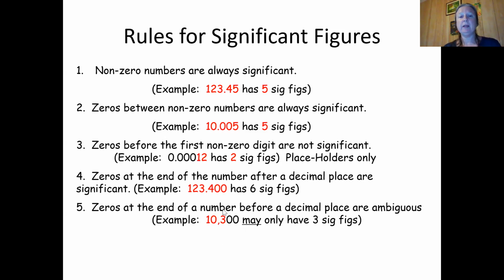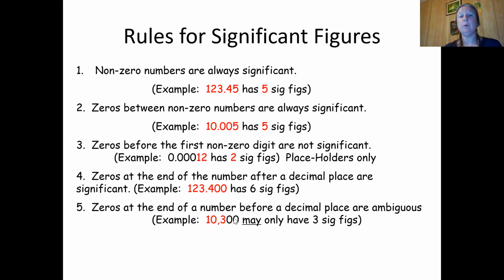But if you're given this number just by itself, you can't tell me if it has 3, 4, or 5 significant figures. You have to have the context of it. Now, if this were written in scientific notation, you could say 1.0300 times 10 to the 4.